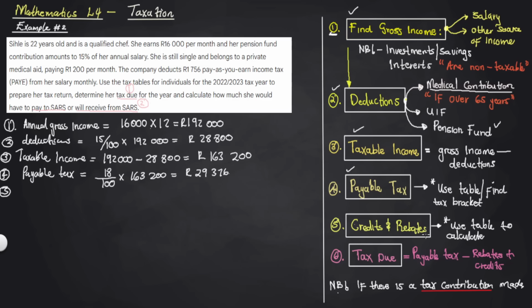Number 5, credits and rebates. Let me use yellow for this one. Credits and rebates. So this is equal to, how old is she? 22 years old, right?